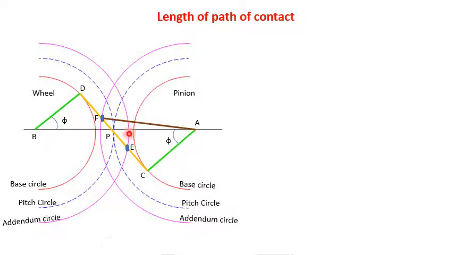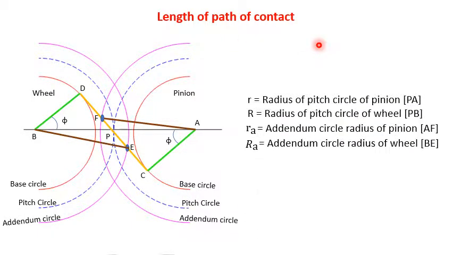So now we have to join A to F, similarly B to E, in order to derive the length of the path of contact. So next, small r represents the radius of the pitch circle of the pinion, that is this length PA. This length PA represents the radius of the pitch circle of the pinion. Similarly, this BP or PB represents the radius of the pitch circle for the wheel.